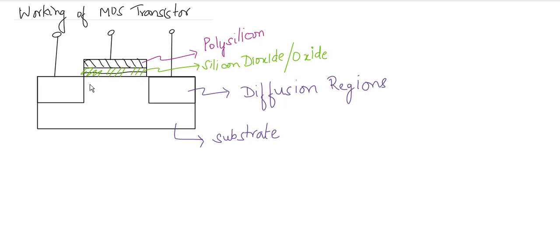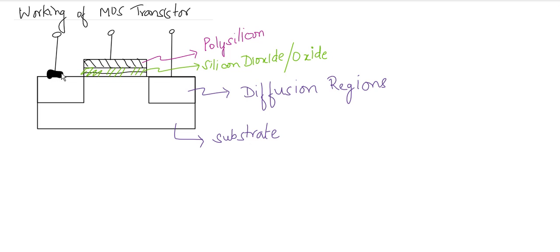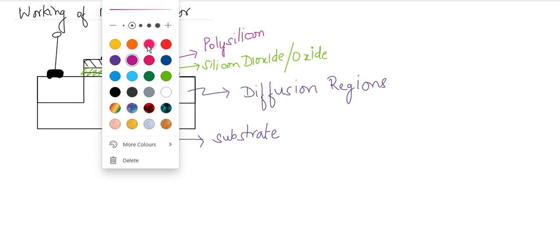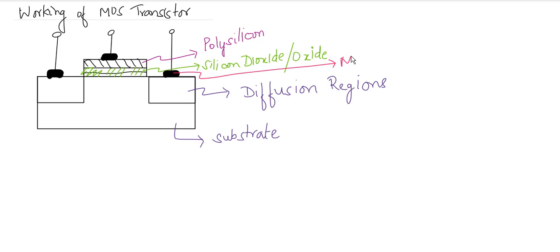Now these are the physically drawn layers, and on top of these layers what is done is we usually place a small bit of metal, and this is the one with which we give out connections, and this metal is what is referred to as metal 1, because there are more than one metal layers that come into play in any given MOS transistor device.